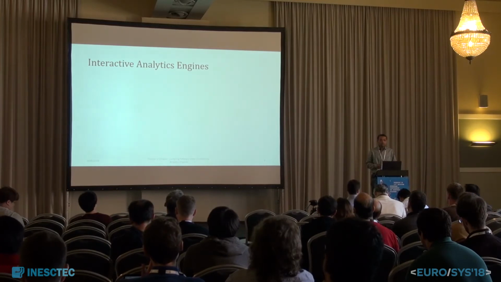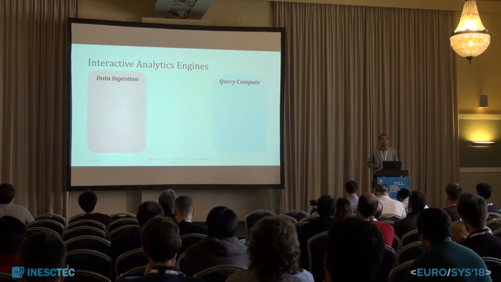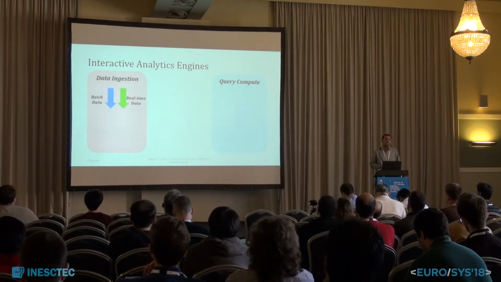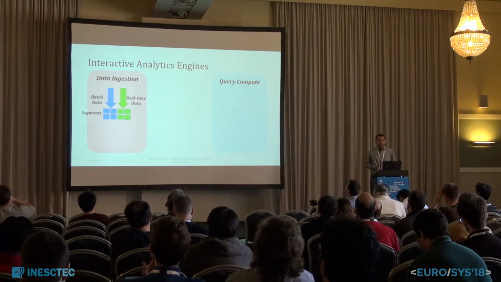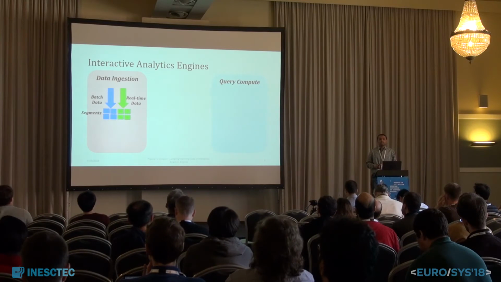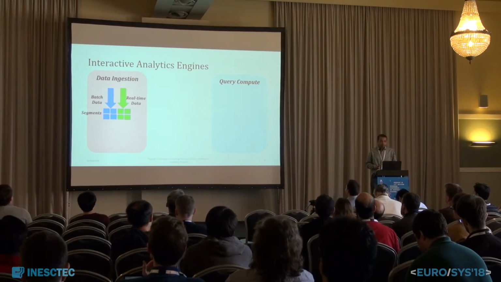I'll introduce the different modules in an interactive analytics engine next. A typical use case is an ad-click pipeline. Batch ad data and real-time ad-click events are collected, batched by time, and stored in a deep storage like Amazon S3. The individual blocks are called segments, and they are immutable.